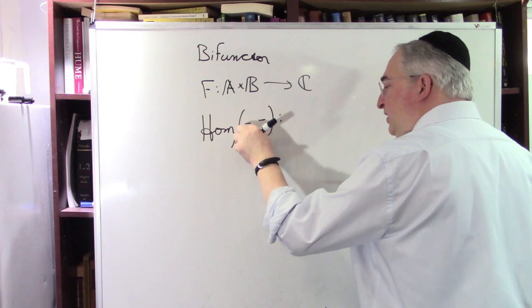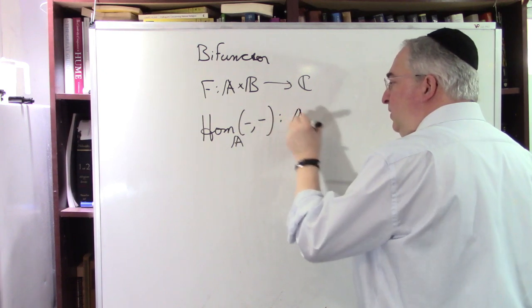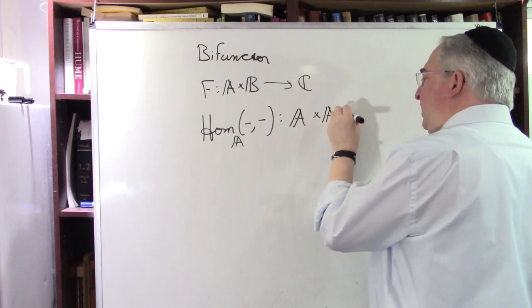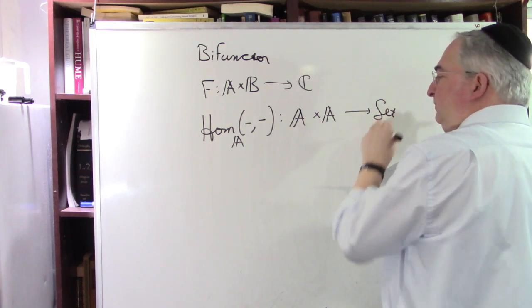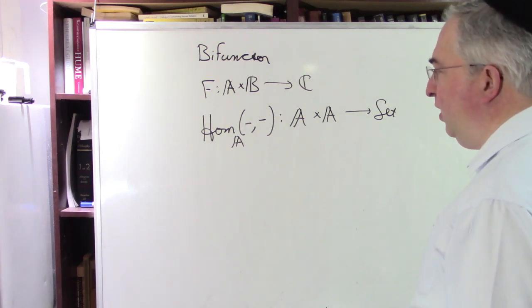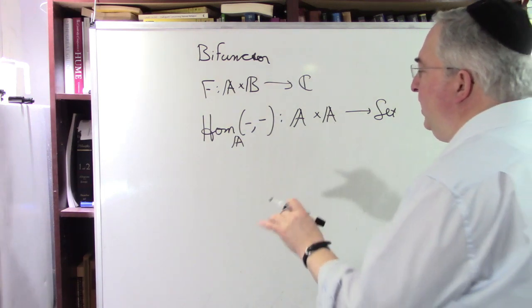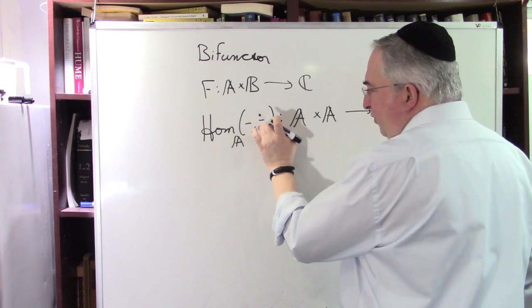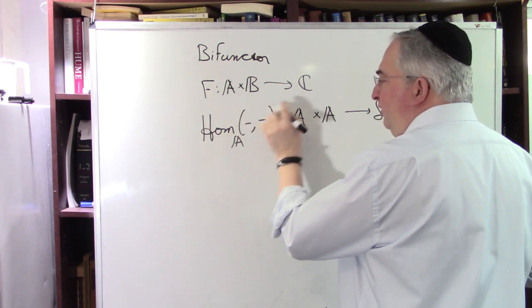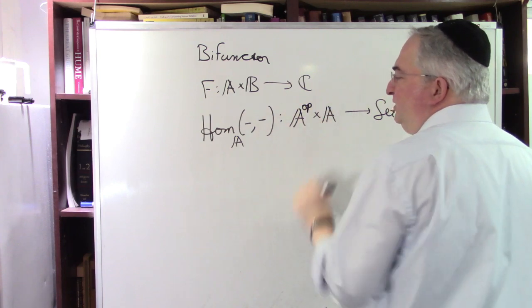Now, it takes an input here, and it takes an input here, and it outputs a set, assuming A is locally small or something like this. Hold on. It's covariant on this thing, it's covariant on this thing, but if I plug it in here, it's contravariant. So let's write it like this. That's a bifunctor.